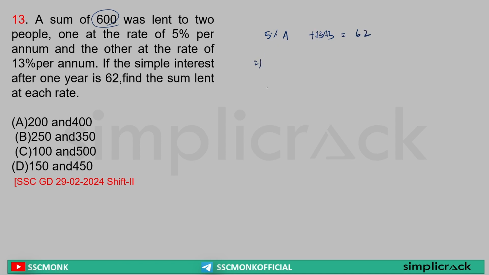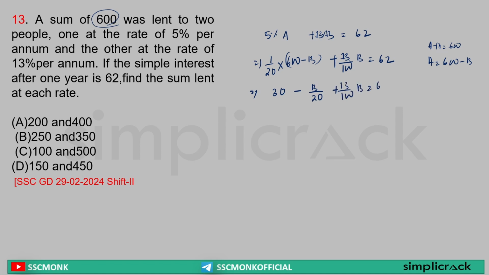Yes. Sir, here I can say A plus B is equal to 600, or I can write A is equal to 600 minus B. Now 5% A, that means sir I can write 1 by 20 into 600 minus B plus 13 by 100 B is equal to 62, or I can write 600 by 20 is equal to 30 minus B by 20 plus 13 by 100 B is equal to 62.